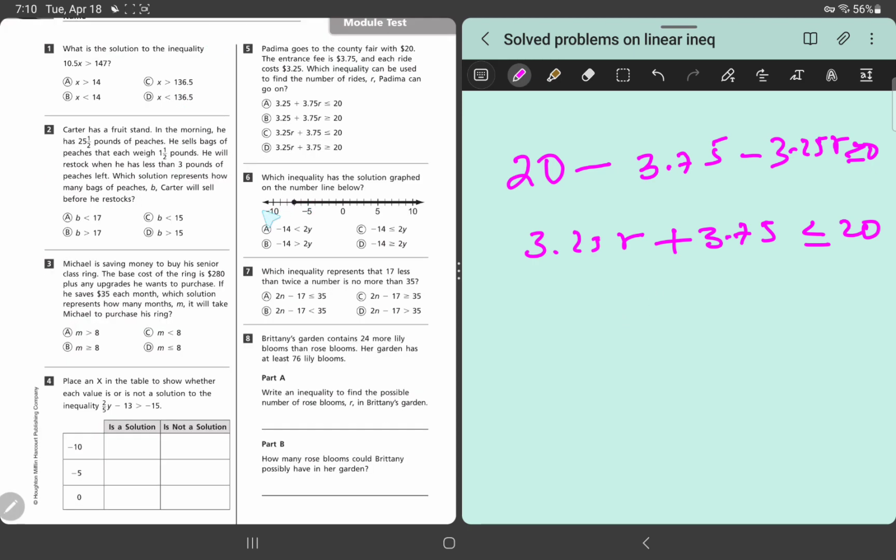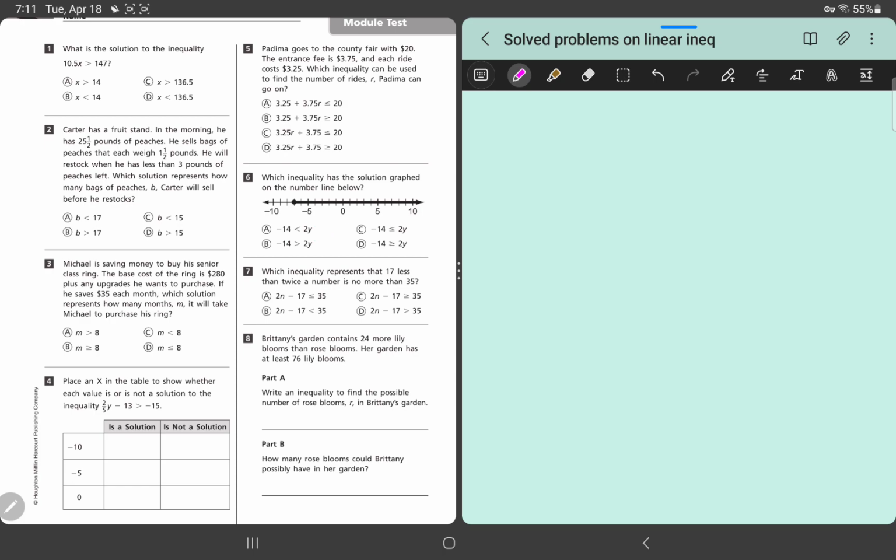So number 6, which inequality has a solution on the graph? So this is a graph given, and this is the line, and there is minus 5 here.